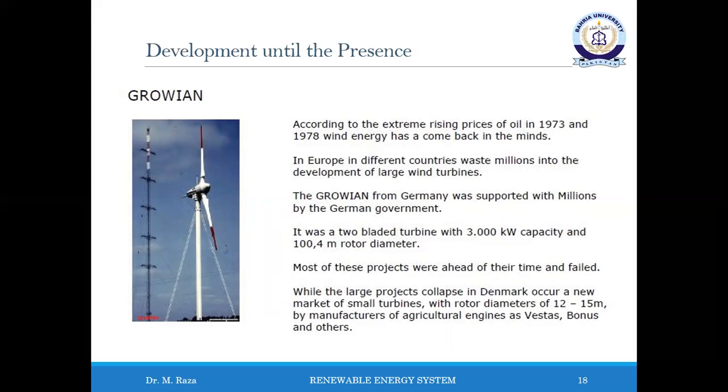It was a two-bladed turbine with 3 megawatt capacity and 100.4 meter rotor diameter. Most of these projects were ahead of their time and failed, while the large projects collapsed, in Denmark causing a new market of small turbines to emerge. Small turbines with rotor diameter of 12 to 15 meters were manufactured for agriculture by Vestas and Bonus.